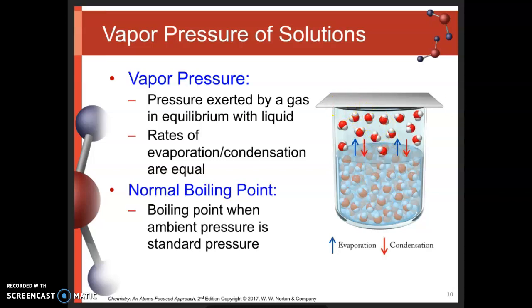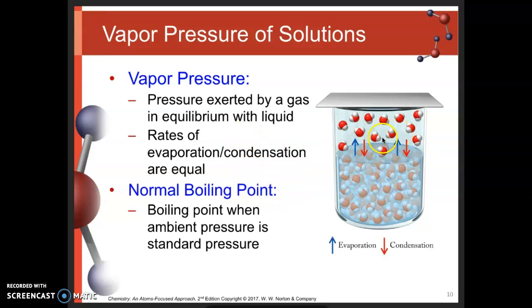Now, as soon as we take this paper off, these vapor molecules are free to move out, and more water will evaporate to replace the ones that have been lost here. But so long as we keep the system closed, this equilibrium will exist, and we'll have a noticeable pressure that will exert itself on the walls of this container, and that's what we call vapor pressure.